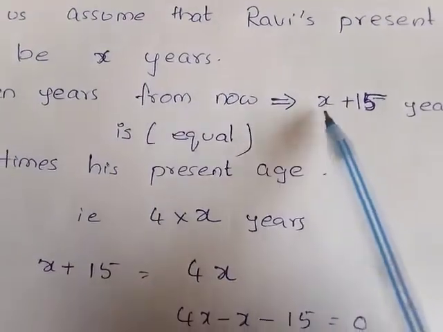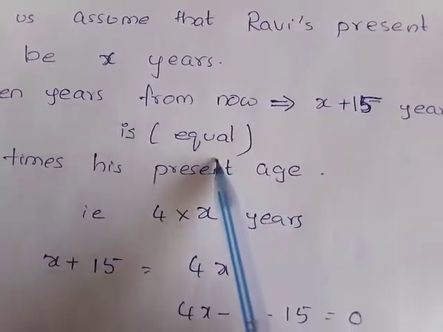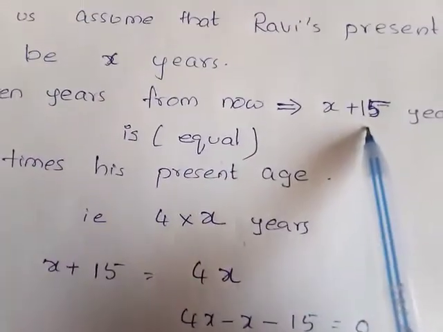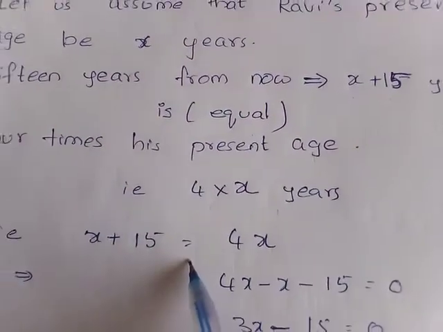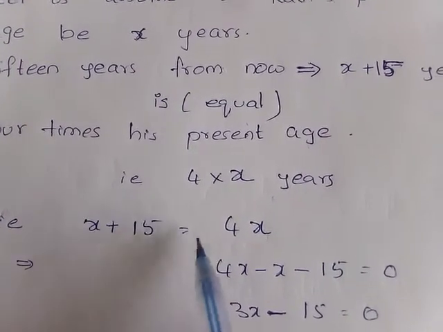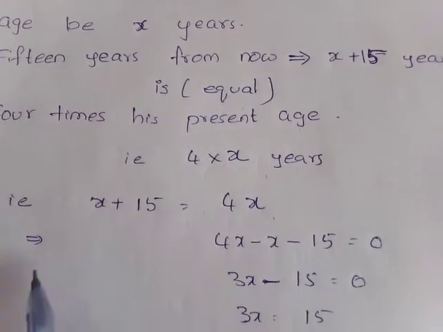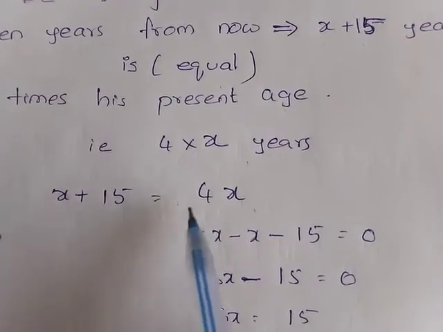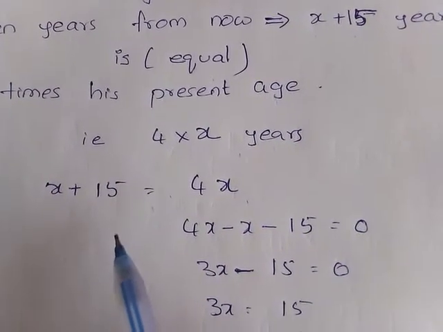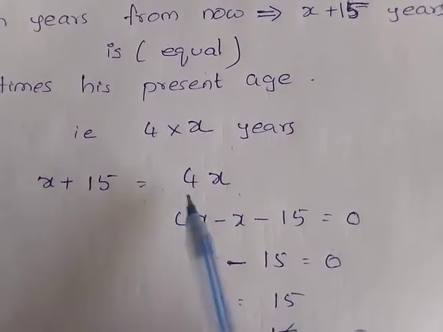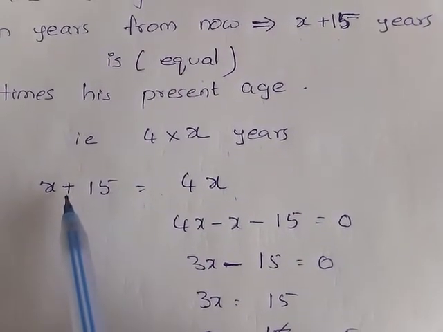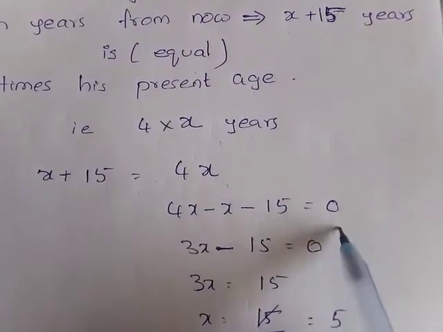So they gave that these two are equal. So x plus 15 is equal to 4x. I am writing all the terms on one side. 4x minus x minus 15 is equal to 0.